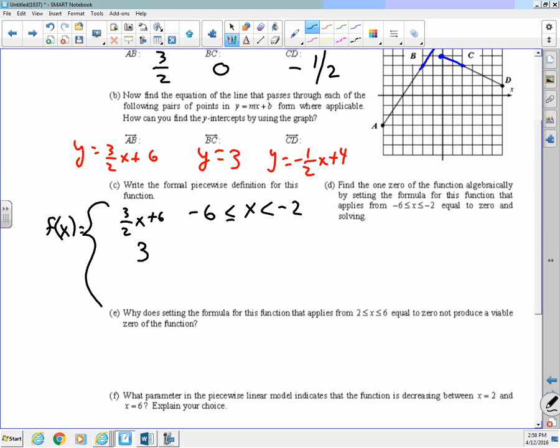Then 3, it's from -2 to +2, and for -1/2 x plus 4, it's 2 to 6. Now, I could do this a little bit differently. What you need to see is when I go from here to here, only one of them can have an underline. In this case, either one works.